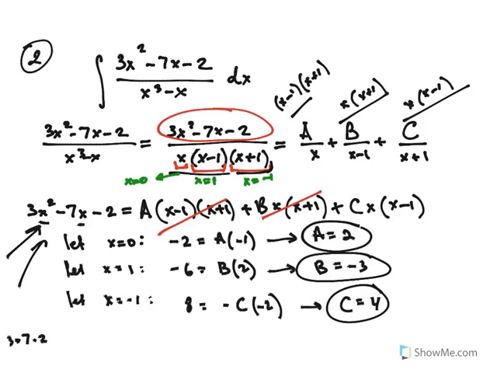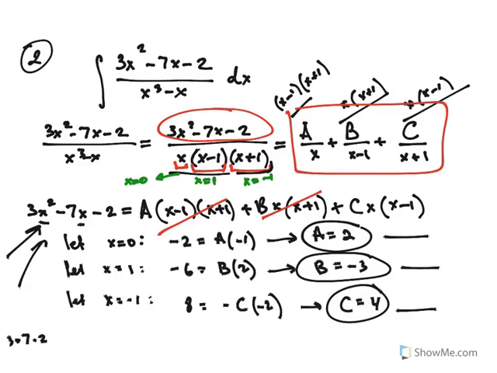So now we have the 3 separate fractions. Remember, A is 2, B is negative 3, C is 4, and you're going to replace A with 2, B with negative 3, C with 4. So we're going to say this integral equals, remember, I'm just going to copy it, 3x squared minus 7x minus 2 over x cubed minus x equals integral.